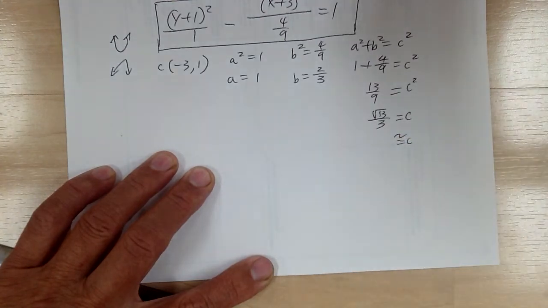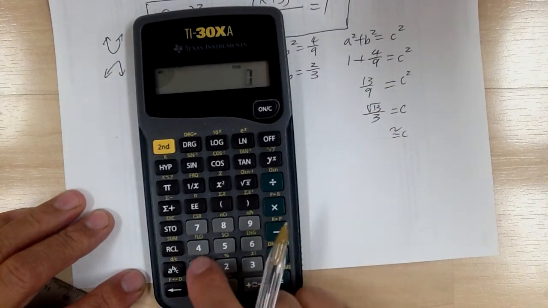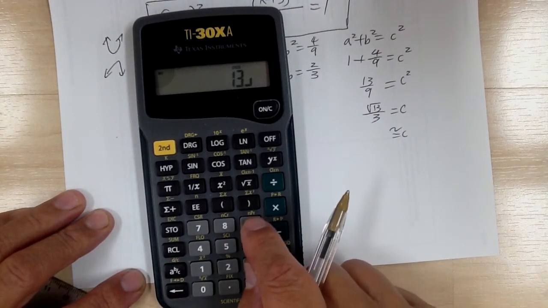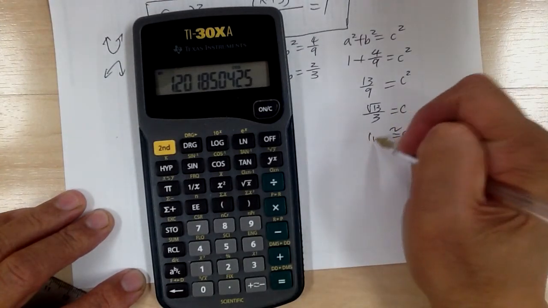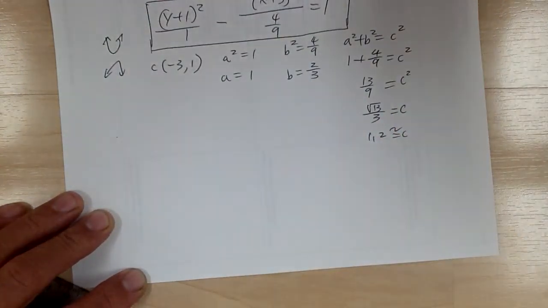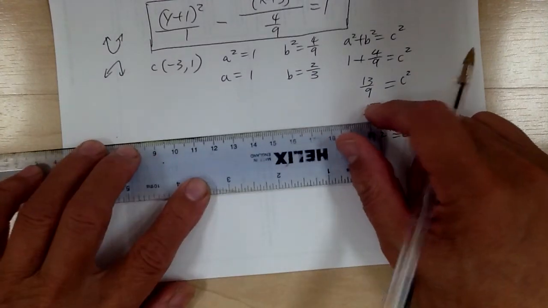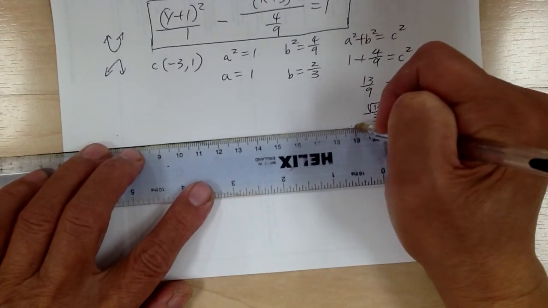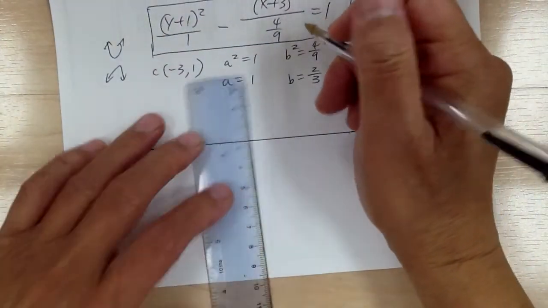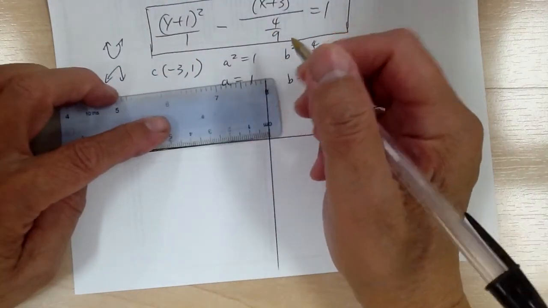Okay, again, get the approximate number. So it's about 1.2. Okay, so now we have all the information. We can go and sketch things out. Got negative 3, 1.